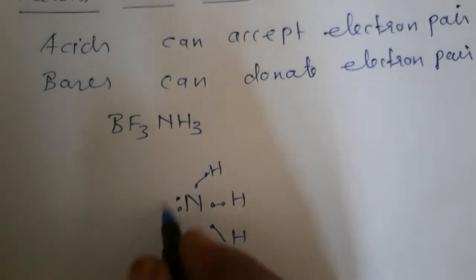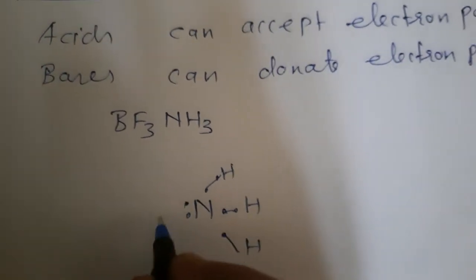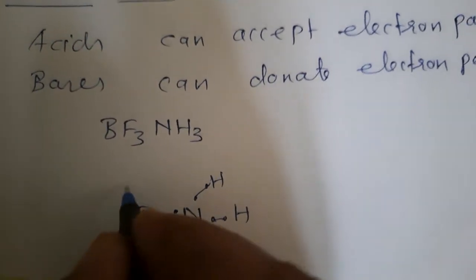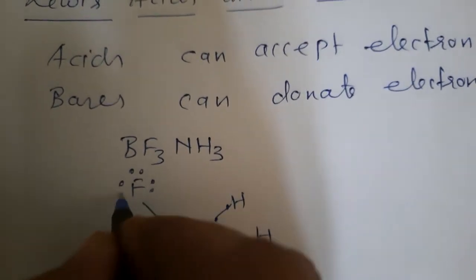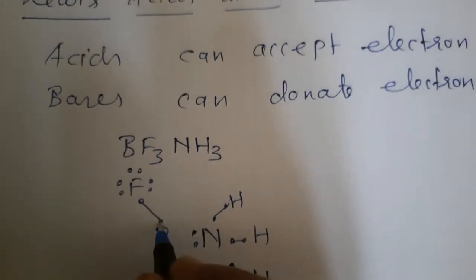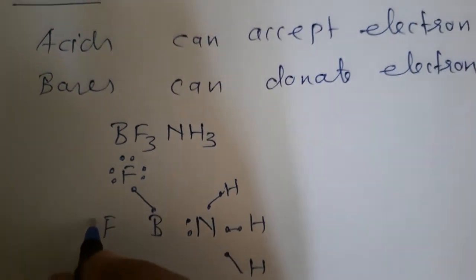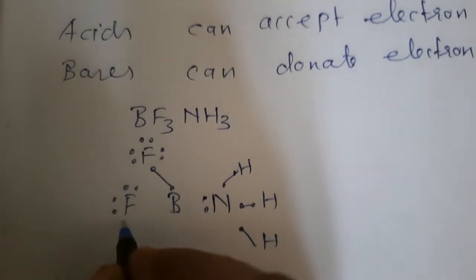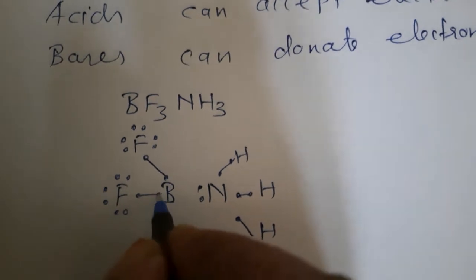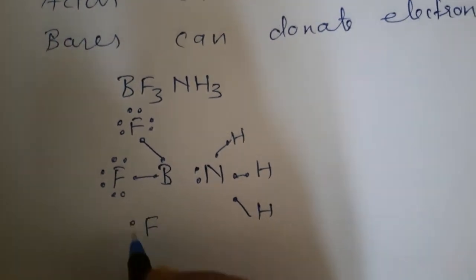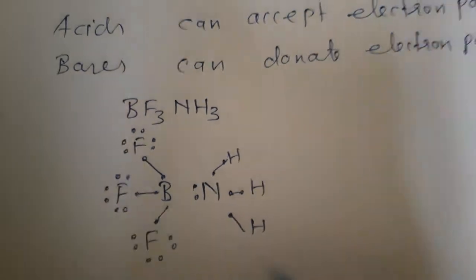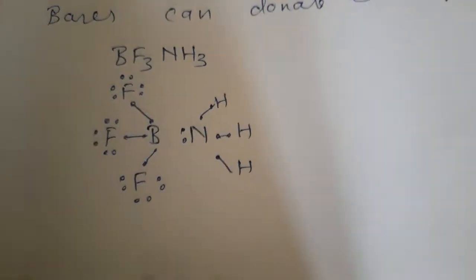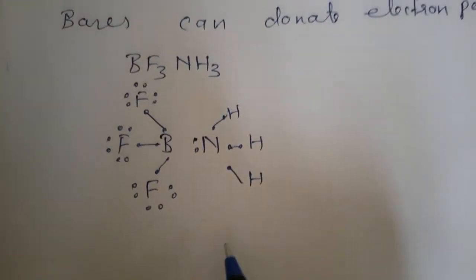So you see one lone pair of electrons is left with it, whereas in BF3, boron is bonded to fluorines, each with 7 electrons. So boron has 3 electrons in the outermost orbit. So this is the structure of BF3 and NH3.